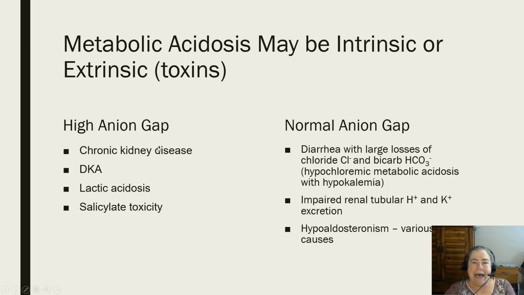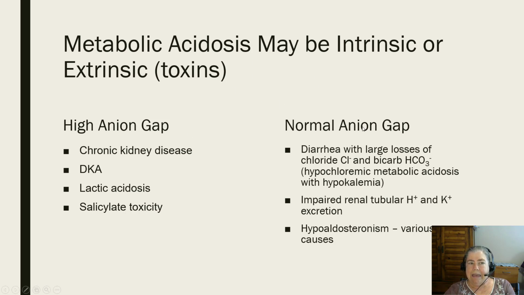So if there's a high anion gap, it could be diabetic ketoacidosis, which is intrinsic, chronic kidney disease, which is intrinsic, lactic acidosis, which is intrinsic, or salicylate toxicity, which is extrinsic.